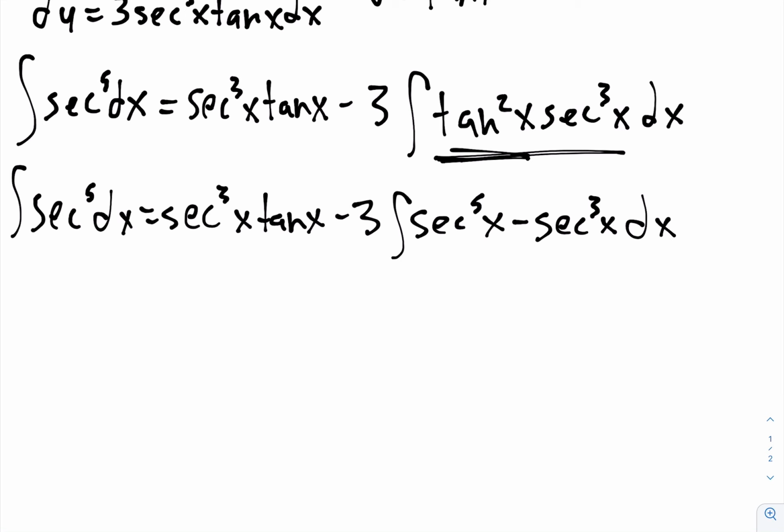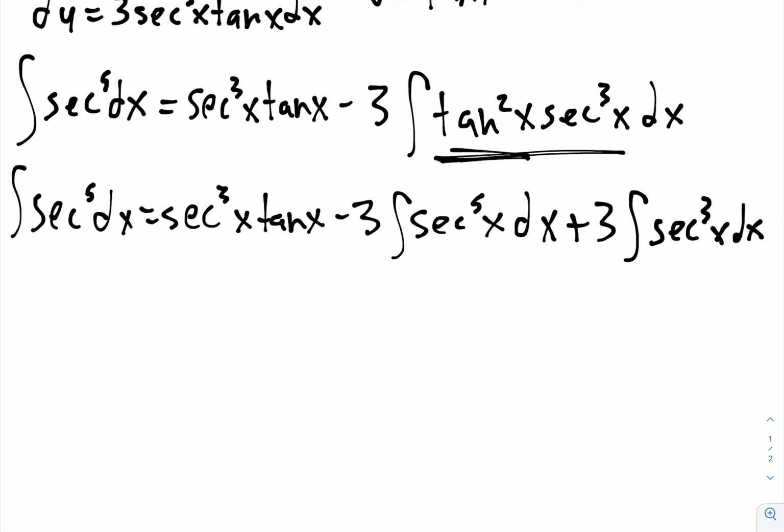I'm just going to write secant to the fifth x, make that its own integral dx, plus 3. Remember it was minus 3. This is going to be plus 3 now because we're subtracting the integral of secant cubed x dx. Okay, so this is what we're left with.